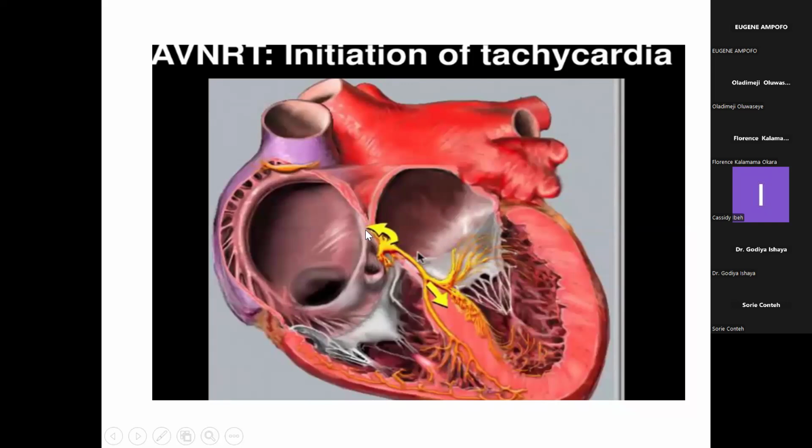The conducting AV tissues would be one limb of the circuit, while the aberrant tract will be the other limb of the circuit. That would also complete the reentrant mechanism.